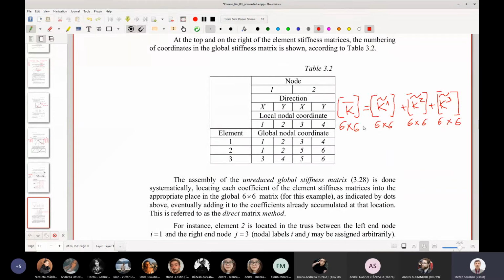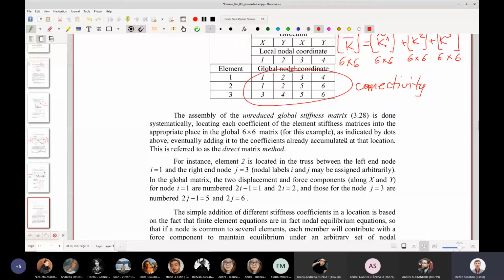After that, because this idea is, according to the connectivity, a connectivity information, we can obtain this unreduced global stiffness matrix according to this idea.